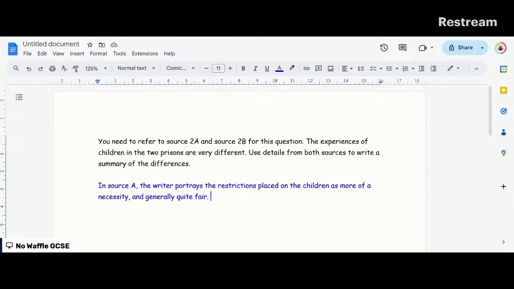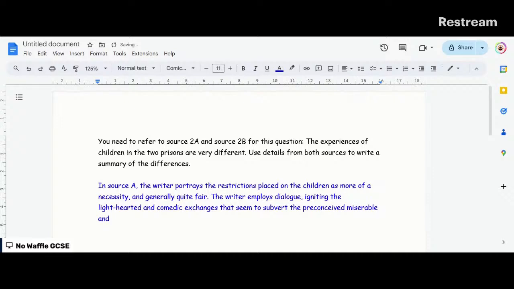Okay, so continuing on, we need to then support this comparative statement that we've said, so we can then say the writer employs dialogue, igniting the light-hearted and comedic exchanges that seem to subvert the preconceived, miserable, and dim prison stigma.